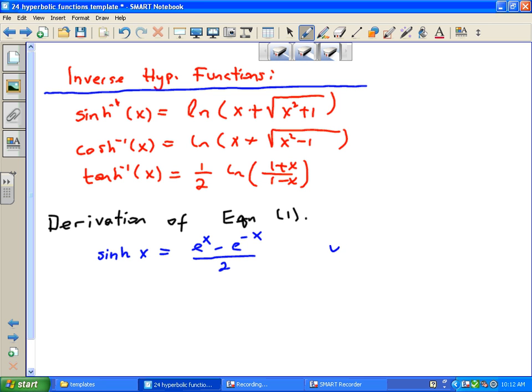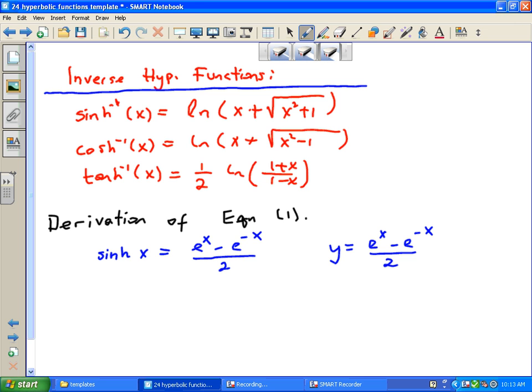Now let's call this y equals. So basically, if we could solve for x right now, we would be done, because you know x in terms of y, and that would give you the inverse function.